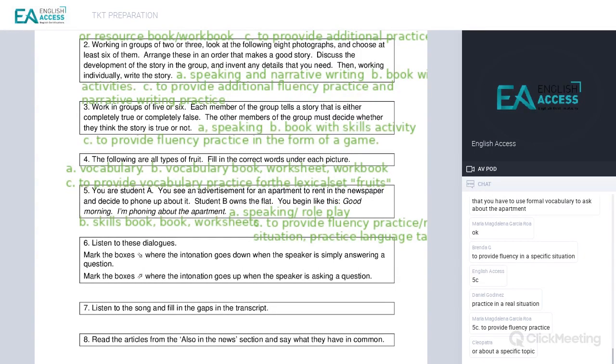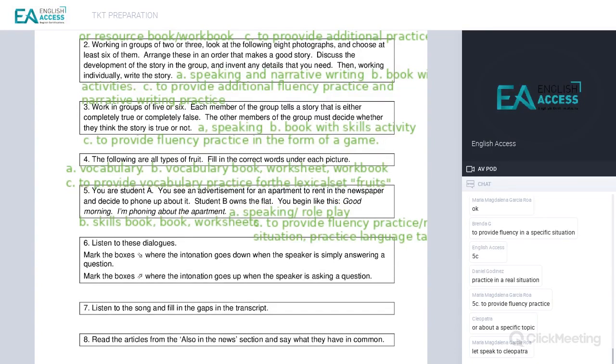All right. Now look. Number 6. Listen to these dialogues. Mark the boxes where the intonation goes down when the speaker is simply answering a question. Mark the boxes where the intonation goes up when the speaker is asking a question.